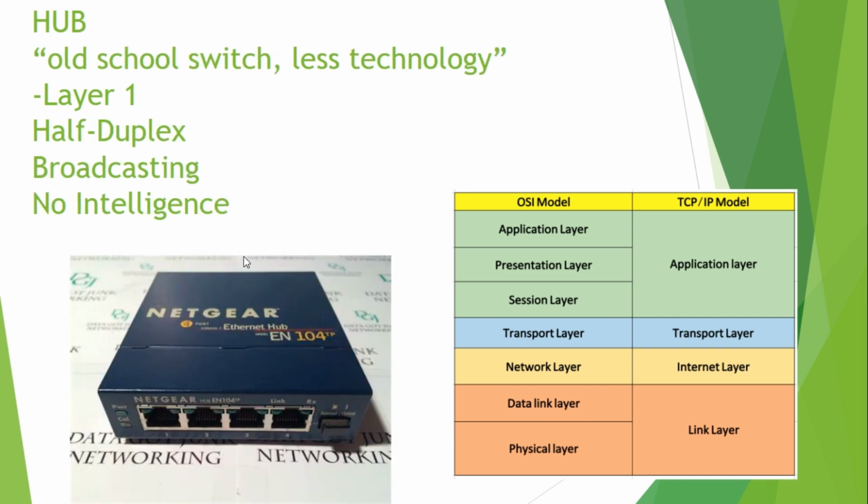Let's go to a hub. So a hub, very simple. More than likely, you're not going to see one. Hub, old school switch, less technology. Think of the switch as an evolution of the hub, so to speak. I don't know if I'm allowed to say that, but that's the way I see it, because a hub was basically dumb. It was literally dumb. It would just repeat exactly what it was being told.